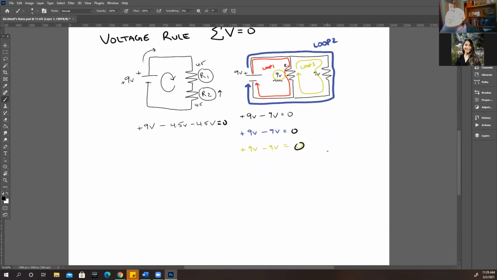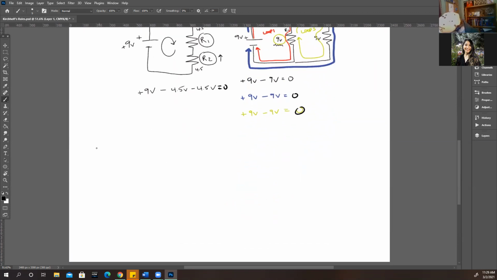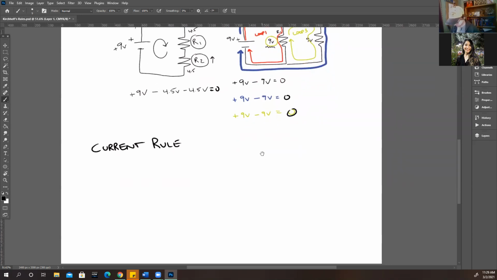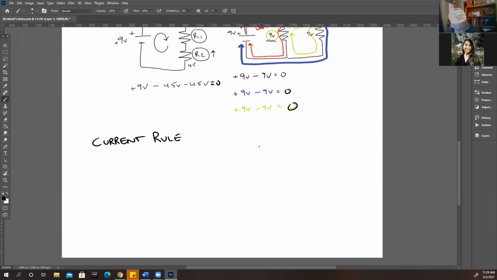Okay, next. The current rule: the current in is equal to the current out. That's how you can summarize that.